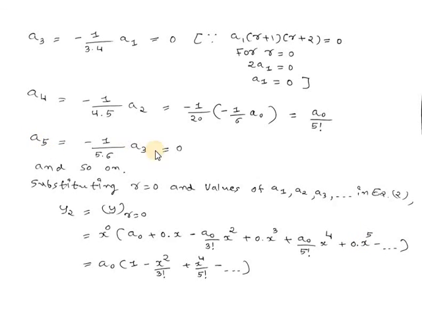What is the value of a5? It is 0, so it will be 0 into x raised to 5, minus so on. Here taking a0 common, we will get a0 in bracket 1 minus x square divided by 3 factorial plus x raised to 4 divided by 5 factorial minus so on.